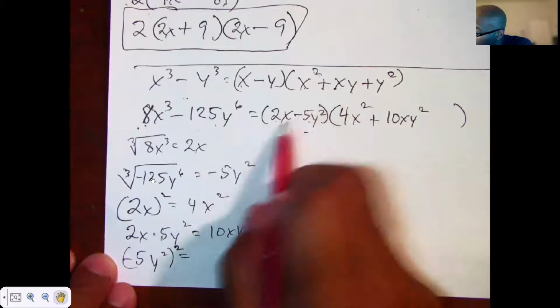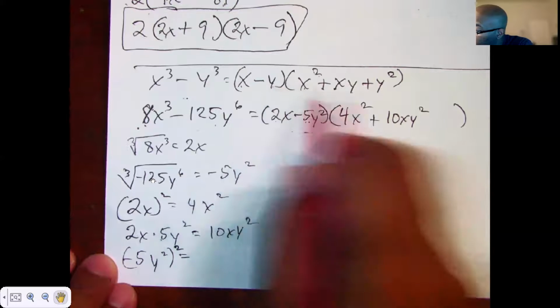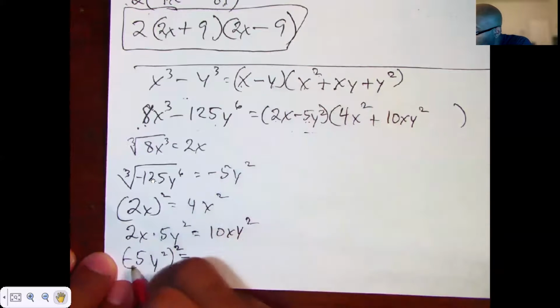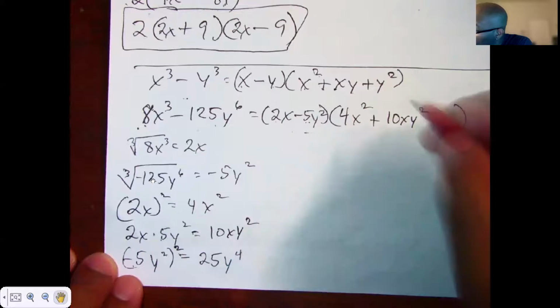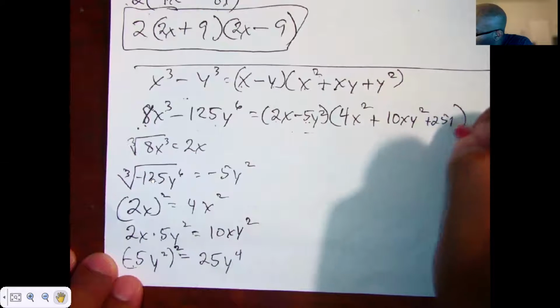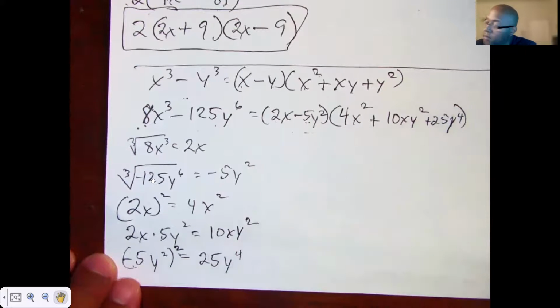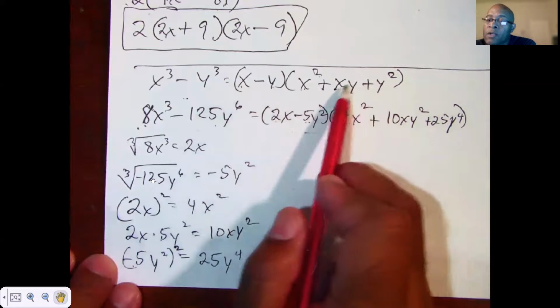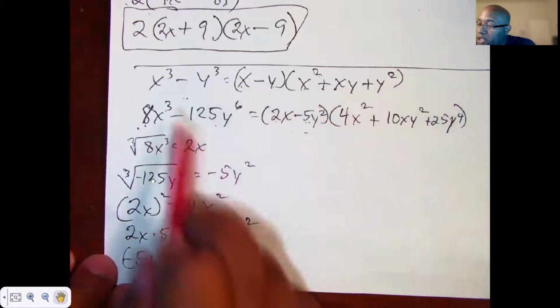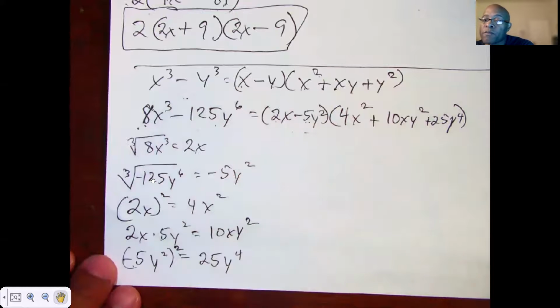And then here, this term taken to the second power. So negative 5 squared is 25, and y squared squared is y to the fourth, which is here. So that's factoring the difference of two cubes. Okay, that's what you're doing there.